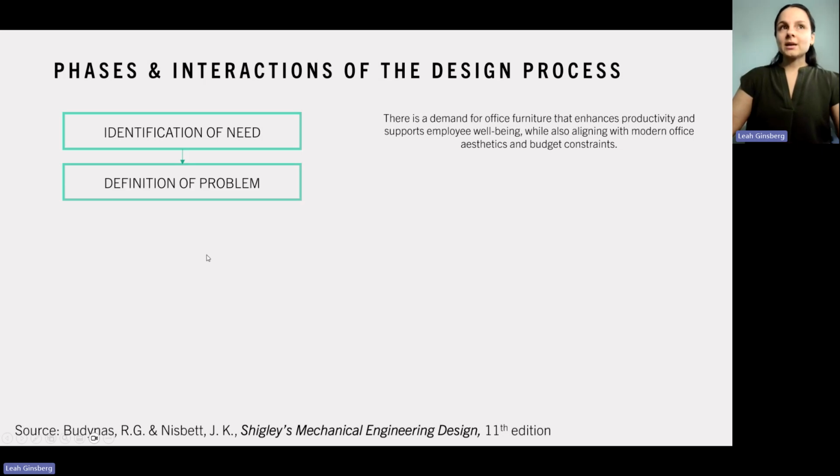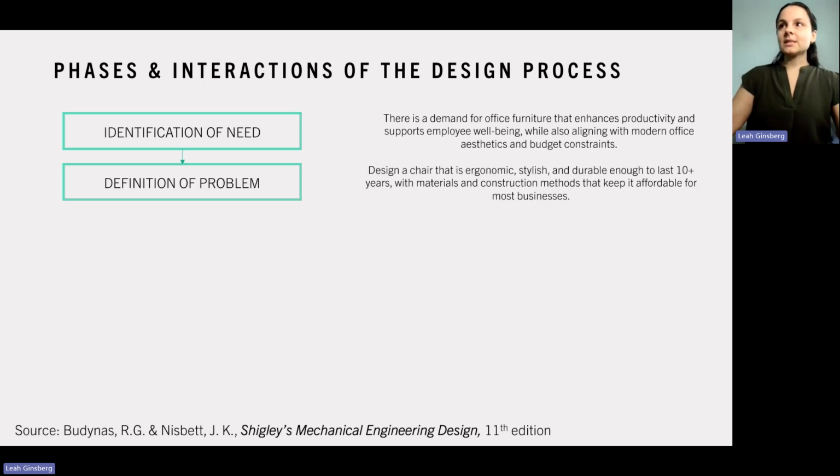Next, let's define our problem. So in defining the problem, we pick out the aspects of design that we need to optimize for. So we need to design a chair that is ergonomic, stylish, and durable, enough to last 10 plus years, with materials and construction methods that keep it affordable for most businesses.